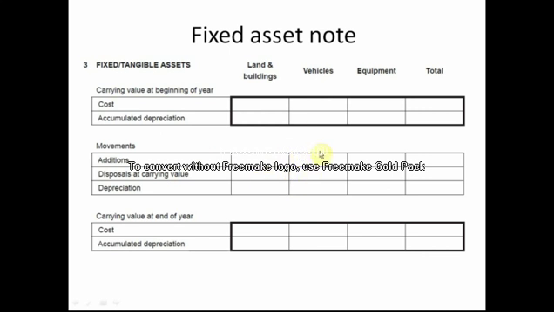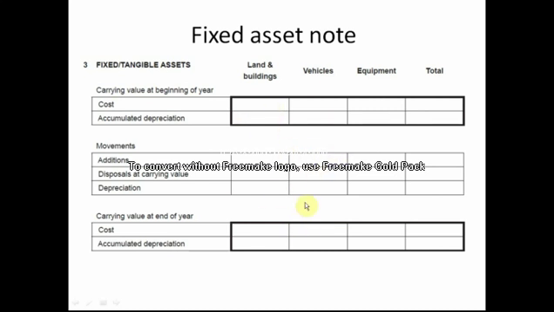We won't record it as 0. 0 means basically we disposed of it, we got rid of it. So if we have written down all the depreciation on an asset, we will need to keep it as a value of R1 if it is still in use in the business.